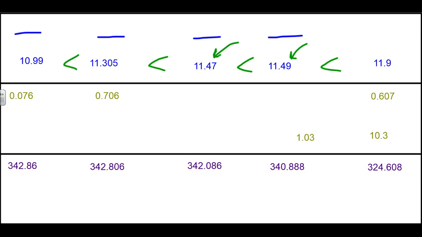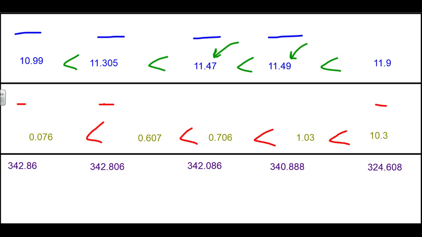As far as the tenths place goes, there is a 0 in the 0.076, a 7, and a 6. And the tenths turn out to be enough. We can see that 7 is larger than 6, is larger than 0. And that is our entire set of numbers: 0.076, 0.607, 0.706, 1.03, and 10.3.